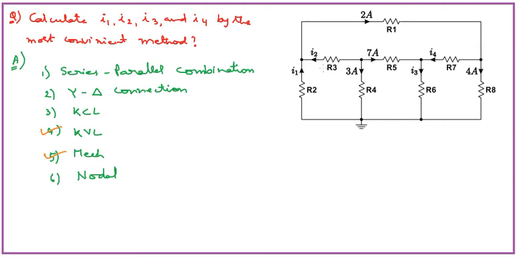The next method, Kirchhoff's current law, can be applicable. Series parallel combination is not applicable, because there we should definitely know the values of the resistors, but here the values of the resistors are unknown.